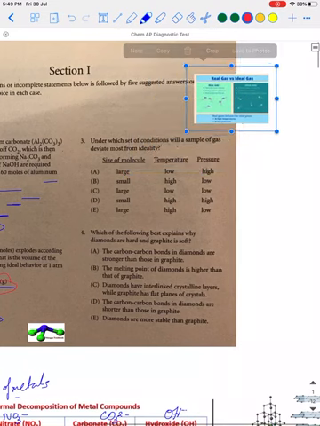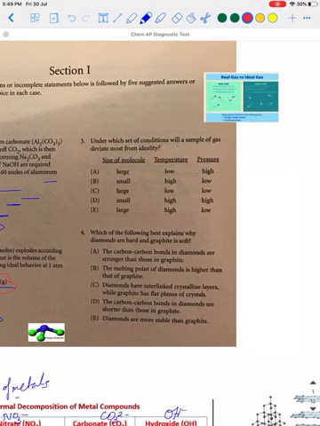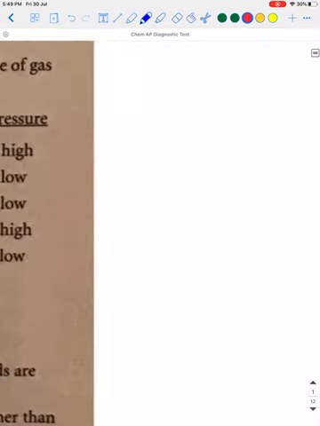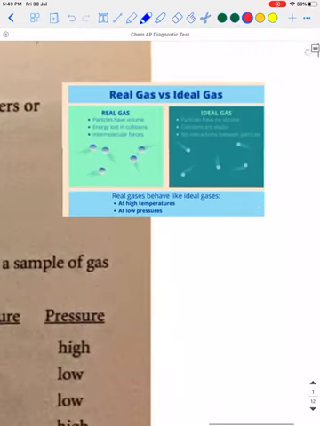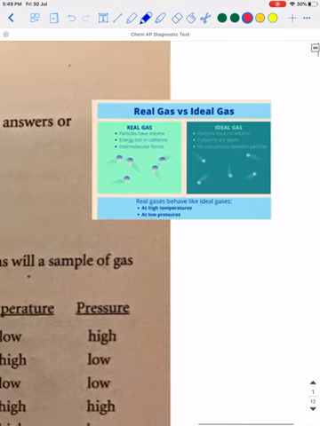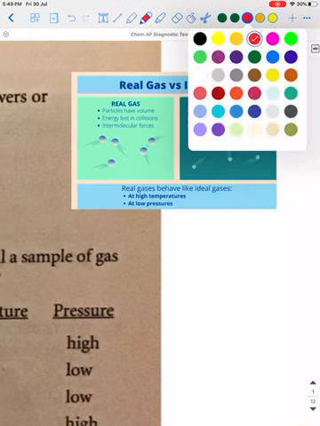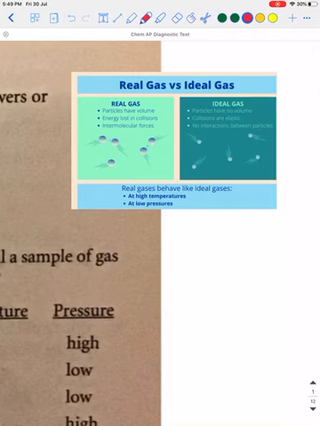Now let us see number 3. In number 3, under which set of conditions will a sample of a gas deviate most from ideality? Okay, when we talk about gases in class, we talk about real gases and ideal gases. Nothing in reality is ideal, but they make assumptions for ideal gases.